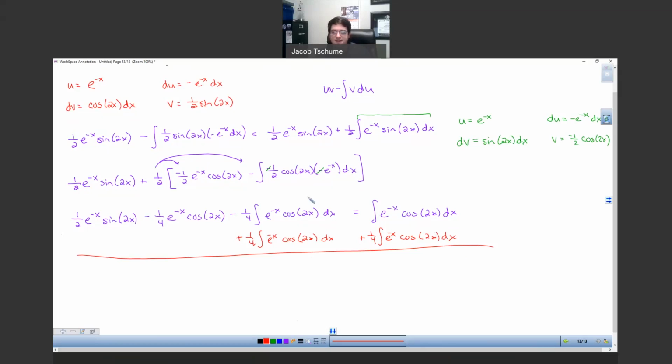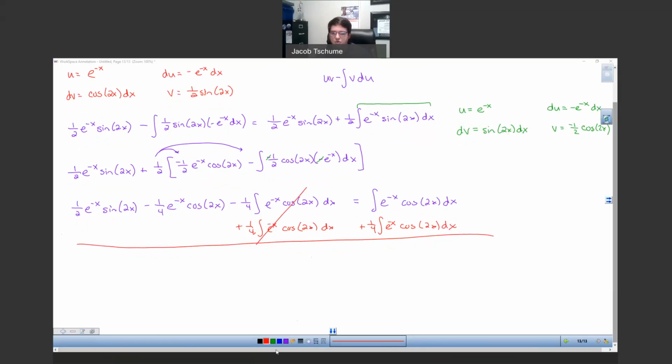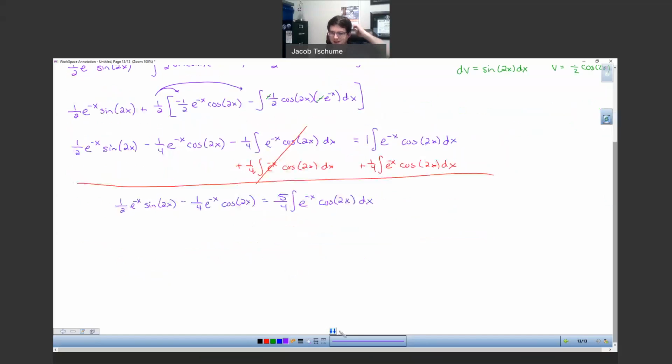When you do that, this cancels on the left, and you are left with these other 2 terms. 1/2 e to the negative x sine of 2x minus 1/4 e to the negative x cosine 2x is going to equal, and if you have one integral plus 1/4 of an integral, you will pick up 5/4 of the same integral of e to the negative x cosine 2x dx.